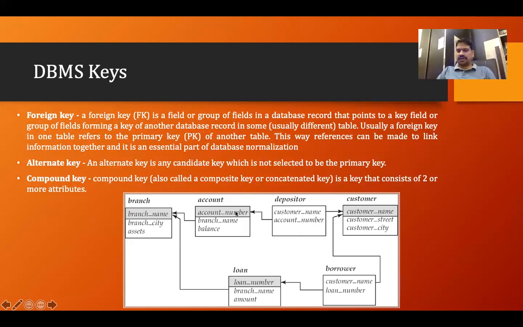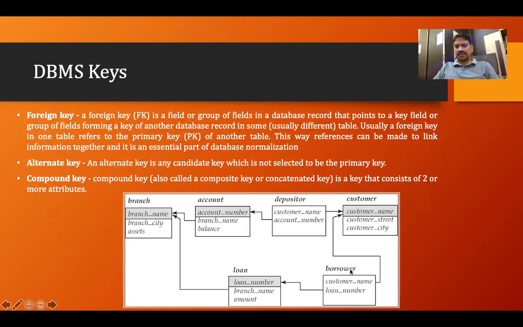So I think you got the concept of foreign key and the primary key. If we take another example of loan and the customer, what is the relationship between loan and the customer? Customers are the borrowers of the loan, right? As well as customers are the depositors in the account. So how will these two tables be related to each other? If you see customer name, here also we have customer name.